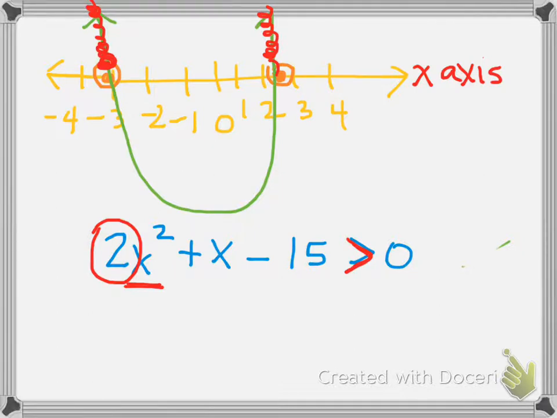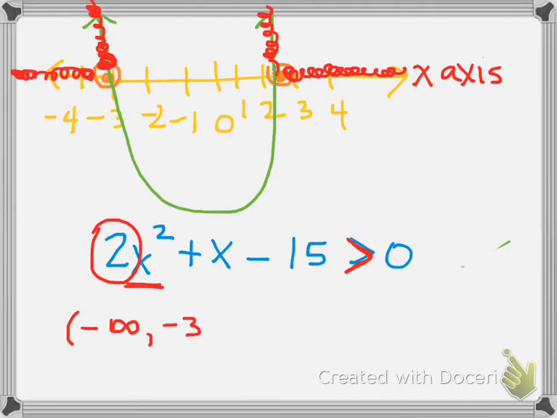So you look at the y values, but you answer this with x intervals. So these are the x intervals where the graph is above the x-axis. This is the x interval where the graph is greater than 0. And how you say this is you always go left to right. So -infinity to -3.